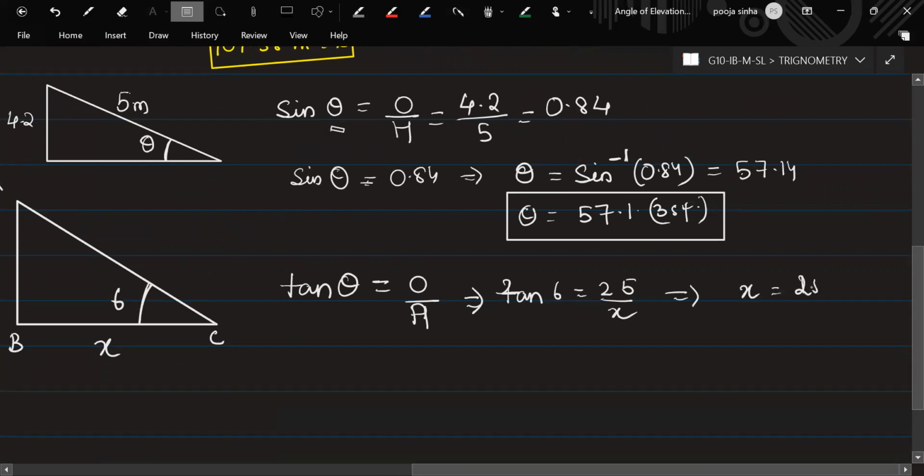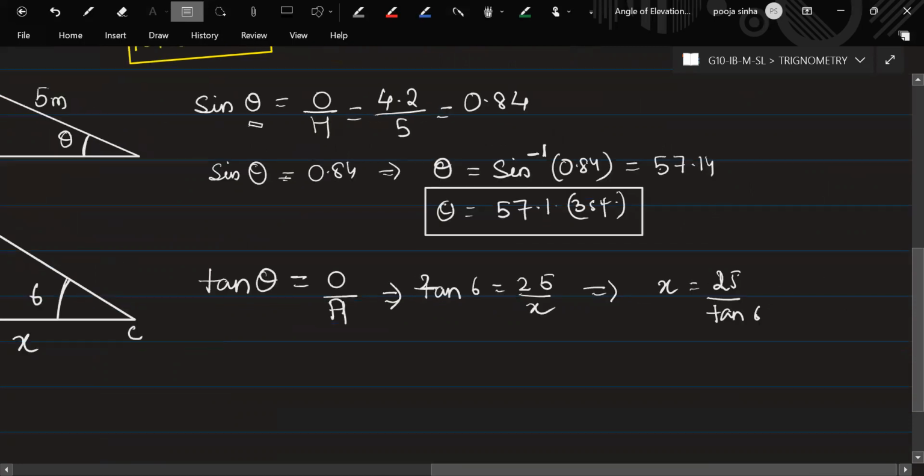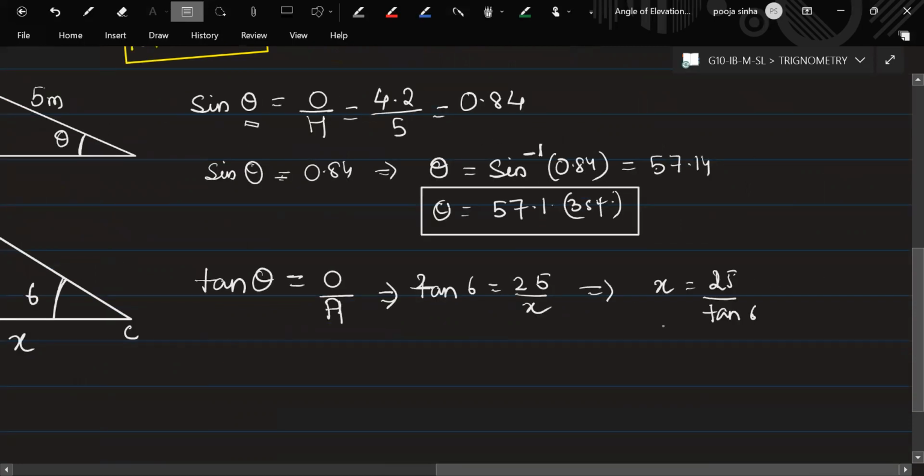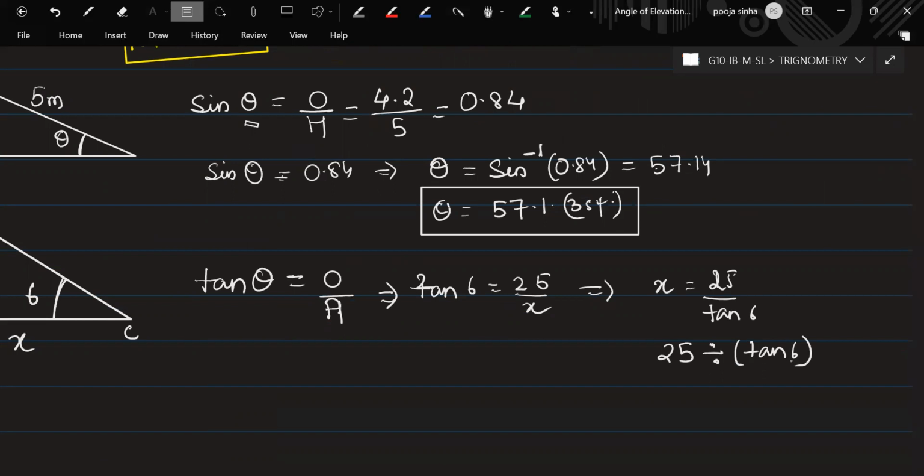Very good. 25 upon tan 6. Now what you do is write 25 in your calculator, just do it step by step. 25 divided by bracket tan of 6. Miss, why bracket tan of 6? Make a habit of putting brackets, because otherwise sometimes the calculator doesn't understand what you're asking.